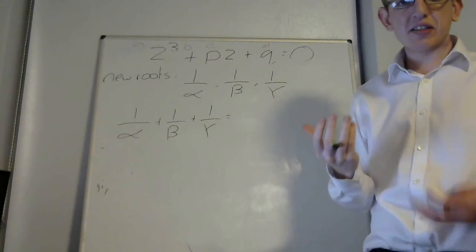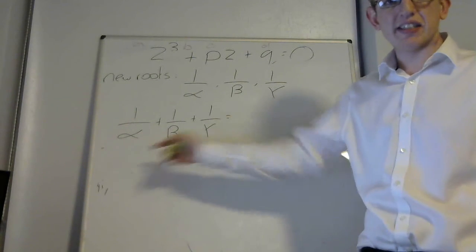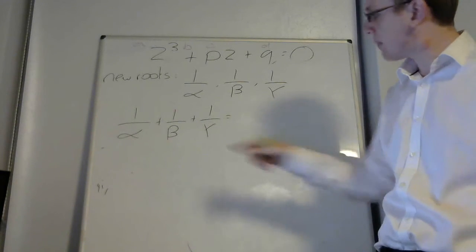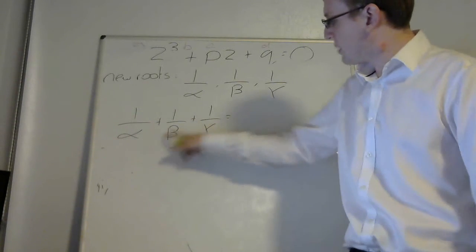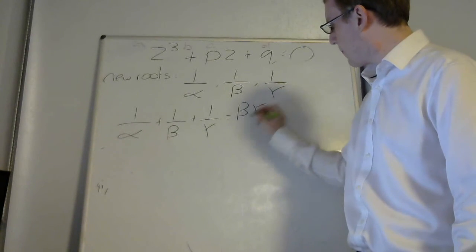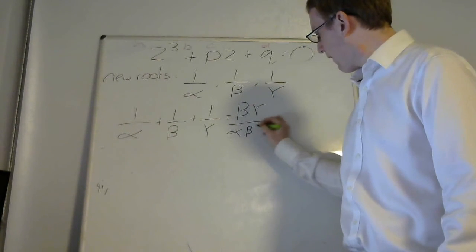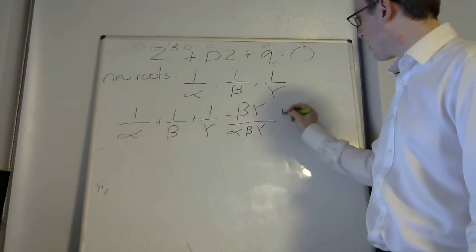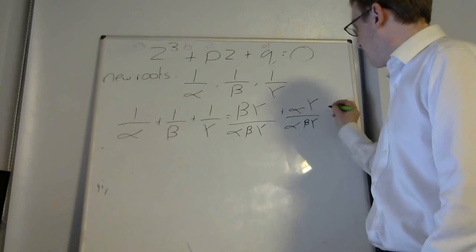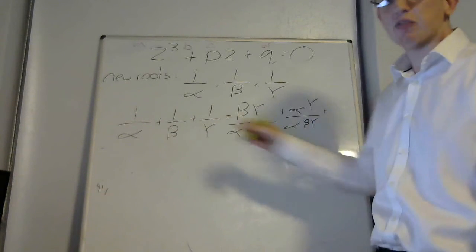First thing I do is I'm going to need to make the denominators the same. I'm going to make the denominator alpha beta gamma. Again, we know what that is. Which means I need to multiply this by beta gamma. I need to multiply this by alpha gamma. And I need to multiply this by alpha beta.